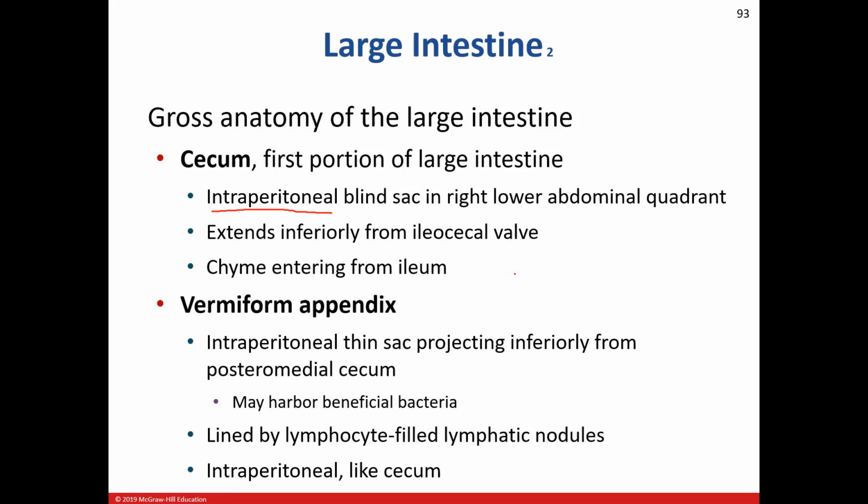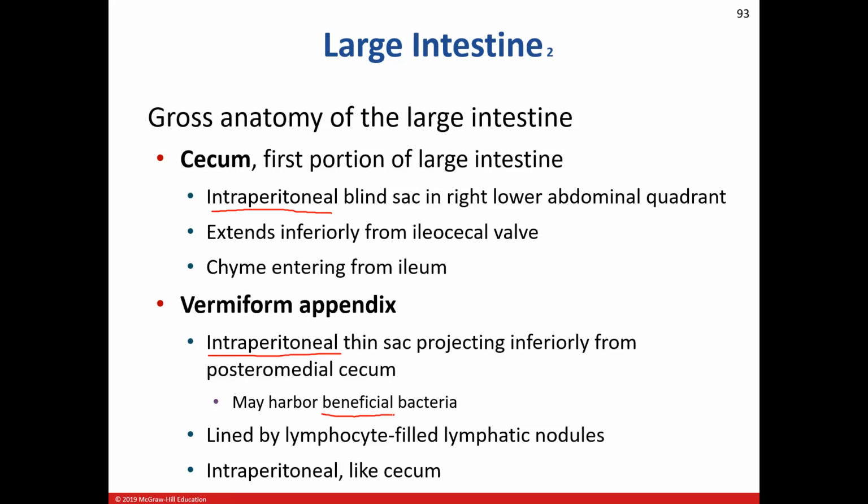The vermiform appendix is this small projection coming off the inferior portion of the cecum. It too is intraperitoneal. It is believed that it has the good type of bacteria. There is a significant amount of bacteria that resides within the large intestine, which is a natural flora and helps with the digestive processes.